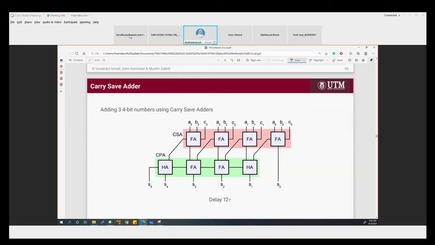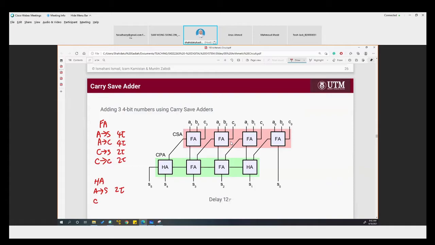Remember, the FA has 4 paths: A to S, which is 4 tau, and A to C, which is also 4 tau. If it starts with A, it will be 4 tau. Then C to S is 2 tau, and C to C, the higher order C, is also 2 tau. For the half adder, A to S is 2 tau, going through 1 XOR.